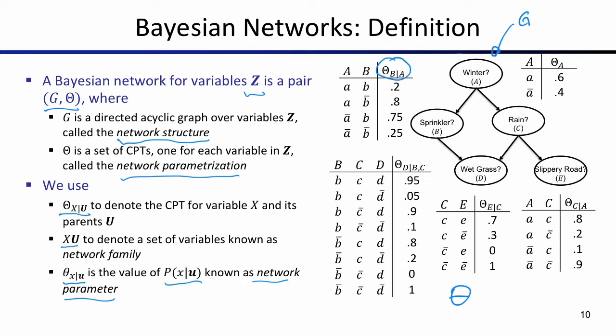For instance, for the node B, we have this conditional probability table that involves the variable B and the parent, which in this case is A. We call BA the network family for the node B, and each entry here has one parameter, a conditional probability that we call little theta of little b given little a.